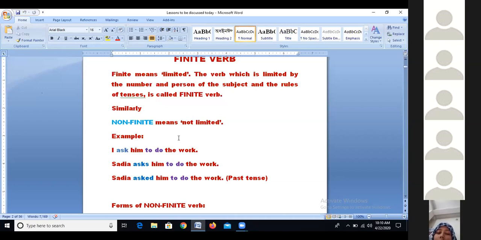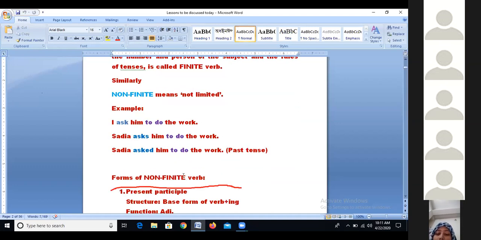So if you think of this example, that is, I ask him to do the work. Then Sadia asks him to do the work. To do does not change. The tense changes. The main verb or finite verb changes, but this verb does not change.